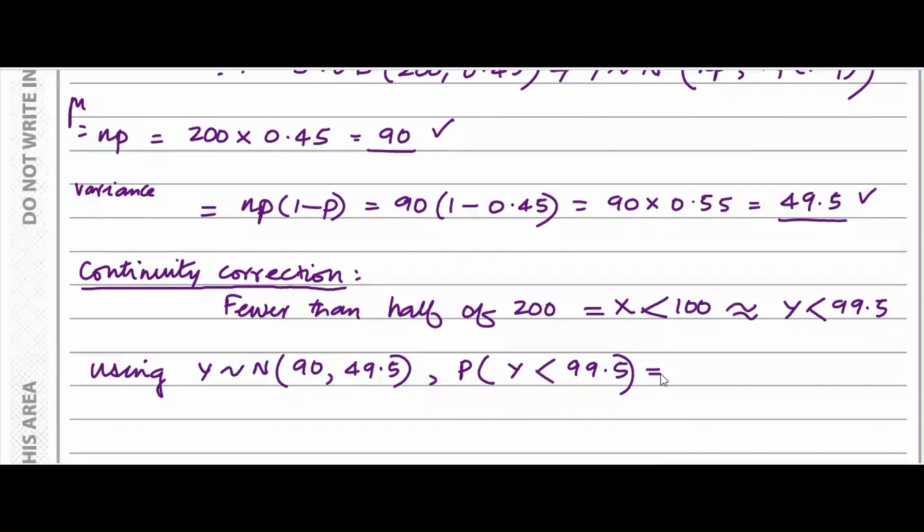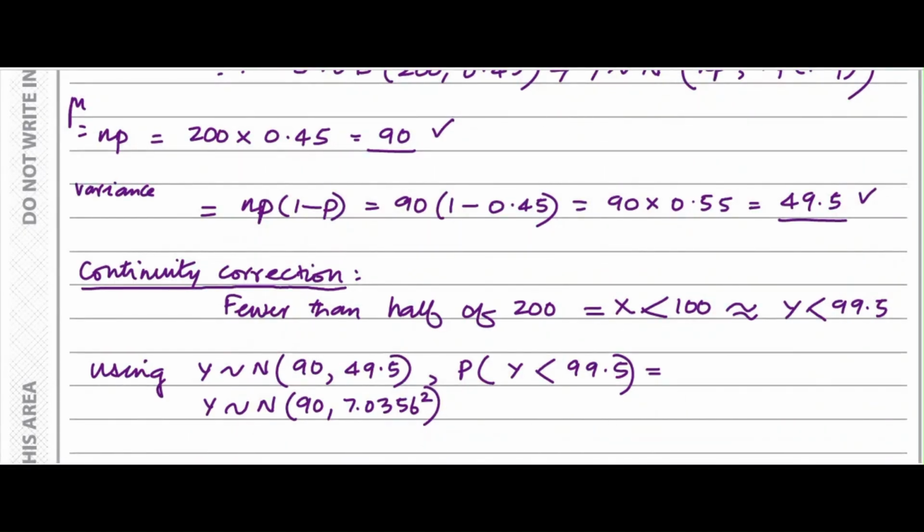Let's put that into the calculator and find out. So let us write this using standard deviation also, so that we can put it in the calculator. 90 comma, square root of 49.5 gives 7.0356. Then you put the square here.